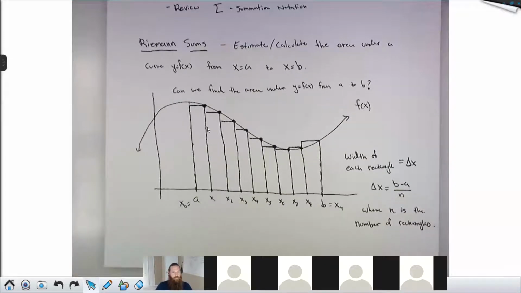What's the height of this first rectangle? If this is the graph of f of x, and that height is coming from the value of the function at this endpoint, what is that height?